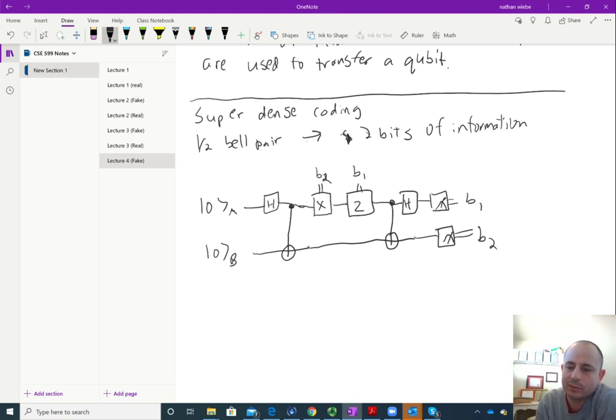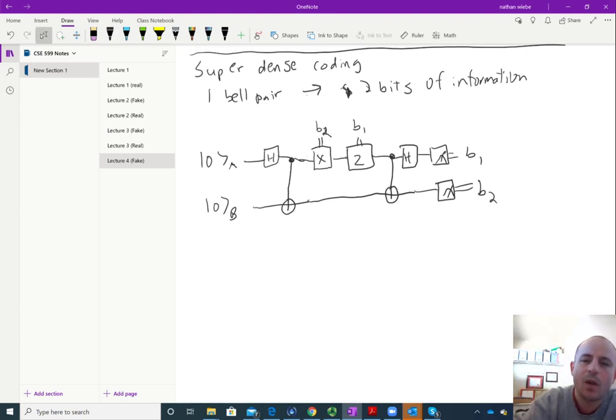Okay? So that's the idea behind this. Or I should say, 1 Bell pair is sent, and that can carry 2 bits of information.